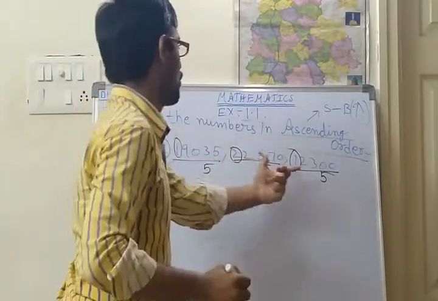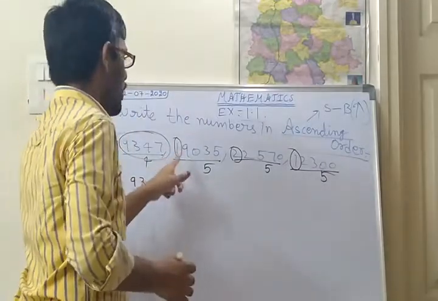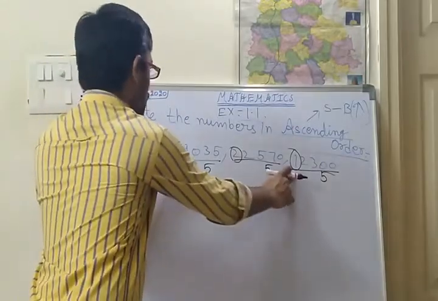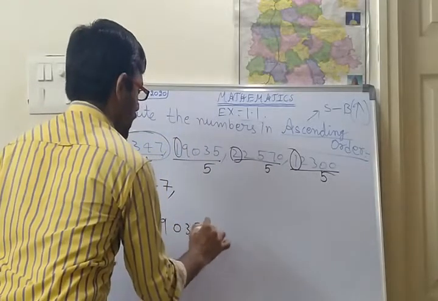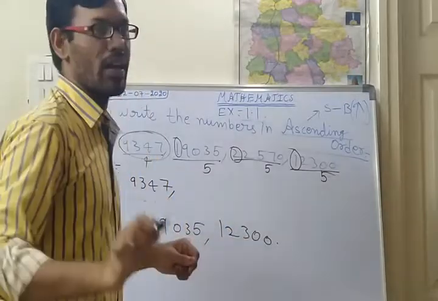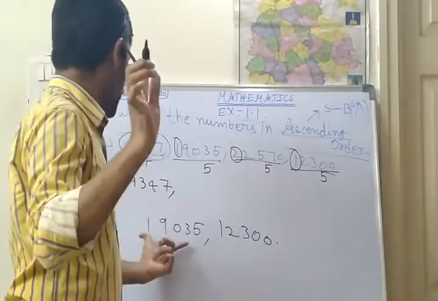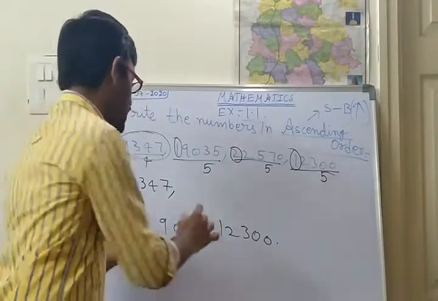Out of these 3 digits, which is smallest? 1 is the smallest number. But for 1, there are two numbers: 19035 and 12300. I think you are understanding. For these two numbers, the first digit is equal.